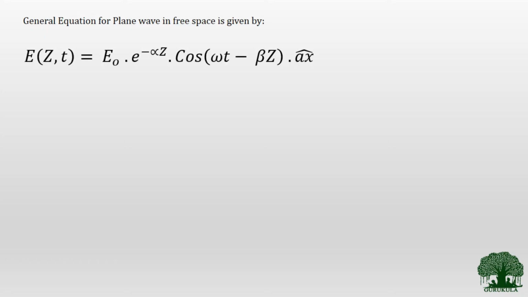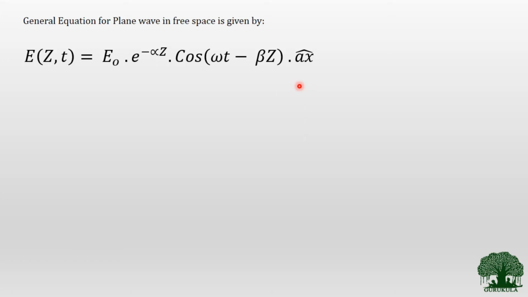The general equation in free space is E of z and t equals E naught times e to the power minus alpha z into cos of omega t minus beta z, in the ax direction, where ax is a vector quantity. We are very familiar with this equation, which comes from the subject of electromagnetic theory. It is the general equation for a plane wave traveling in free space.